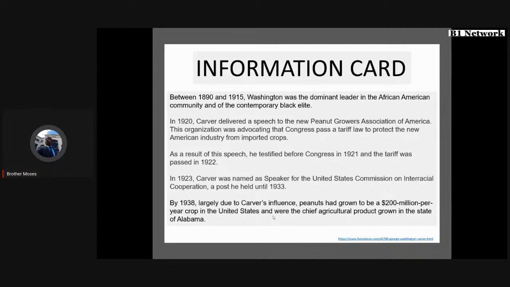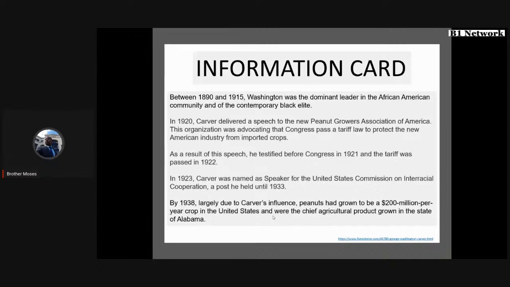Between 1890 and 1915, Washington was the dominant leader in the African-American community and of the contemporary Black elite. In 1920, Carver delivered a speech to the New Peanut Growers Association of America. This organization was advocating that Congress pass a tariff law to protect the new American industry from imported crops. As a result of this speech, he testified before Congress in 1921, and the tariff was passed in 1922.